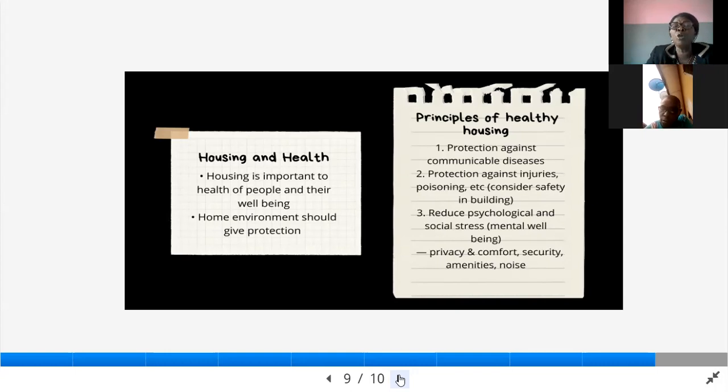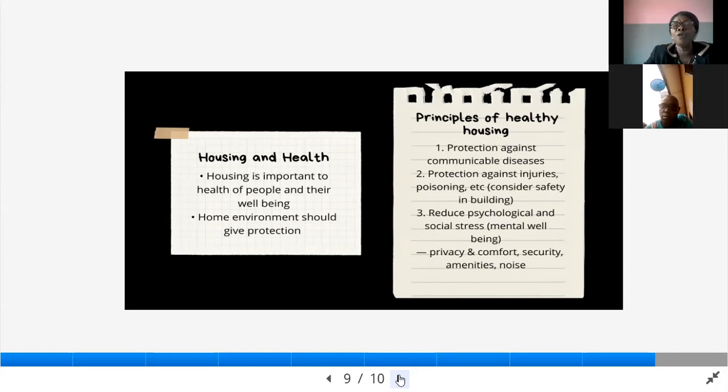Then we must also reduce psychological and social stress, that is the mental well-being of the family. If you're building a house using very low quality materials, it will be giving psychological trauma to the people who are living in it.